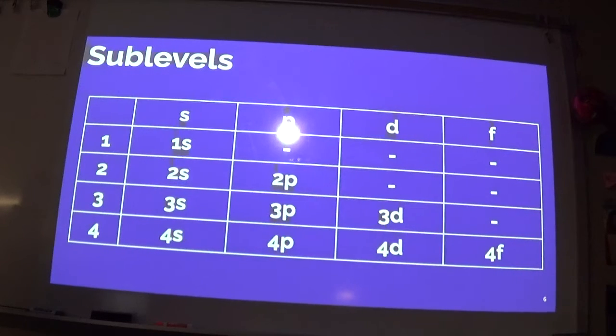Okay, so we've got our sublevels. Now here's the last subdivision. Below that, my sublevels, or subshells, can be broken down into more specific energies called orbitals. The orbitals are like the rooms in the hotel.